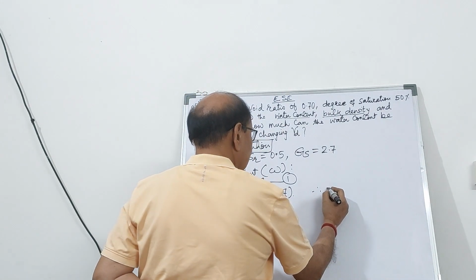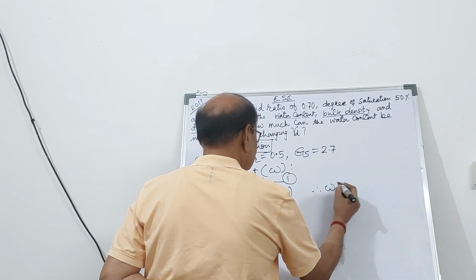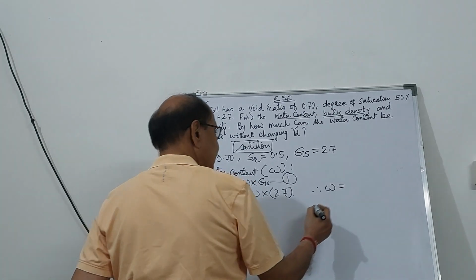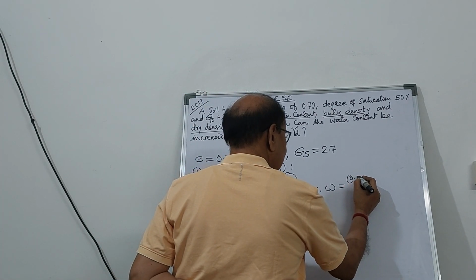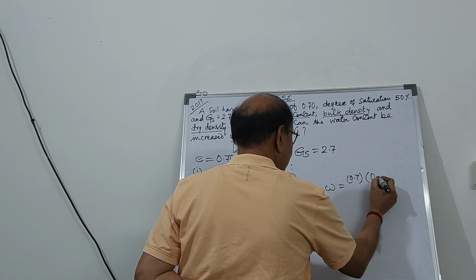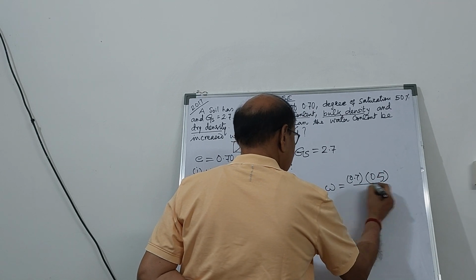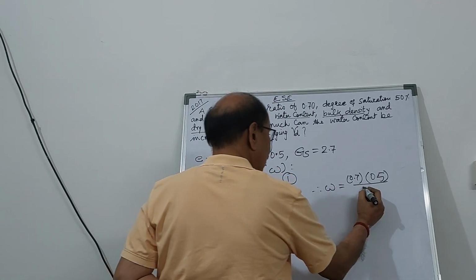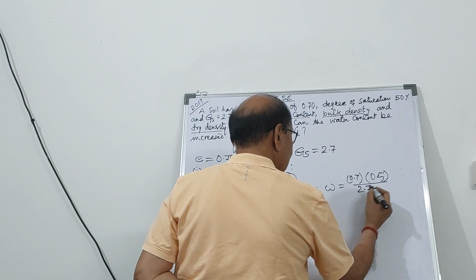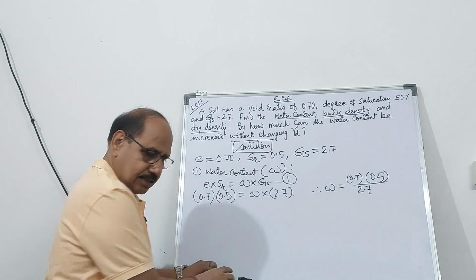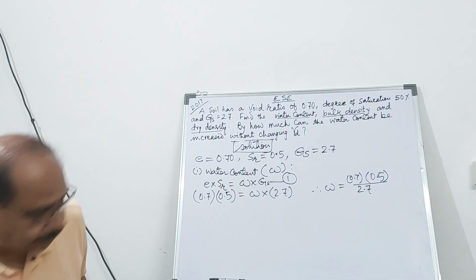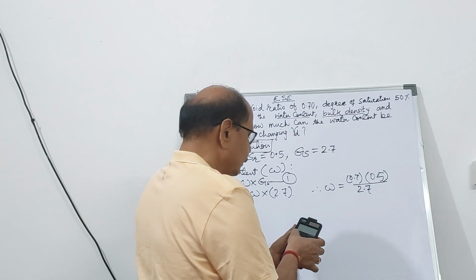Therefore, the water content can be calculated as 0.7 into 0.5 divided by 2.7.